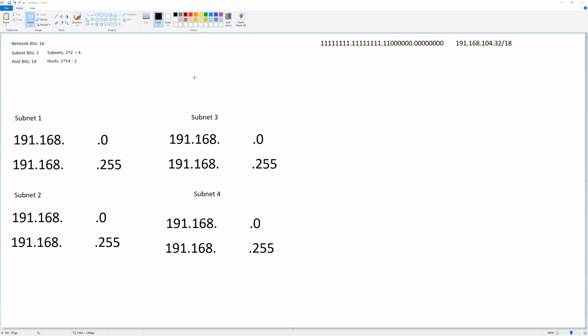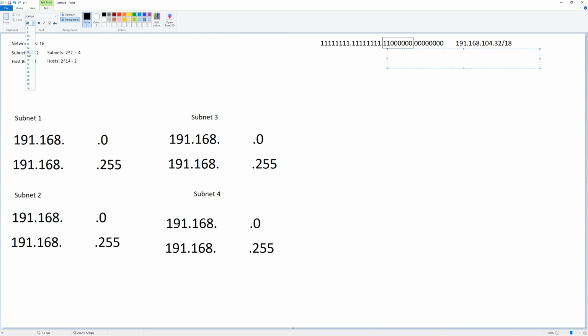So the octet of interest up here is the octet where we're going to be doing all of our work. Everything before it is going to stay the same. Everything after is all host bits. And the last bit that's turned on in the subnet mask in the octet of interest is going to define our magic number.